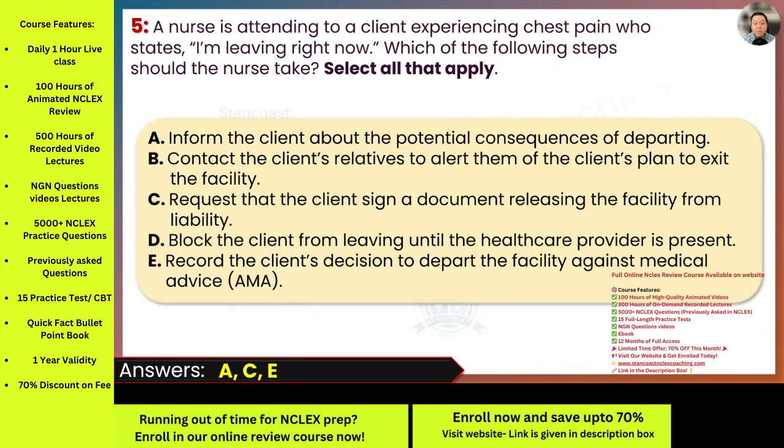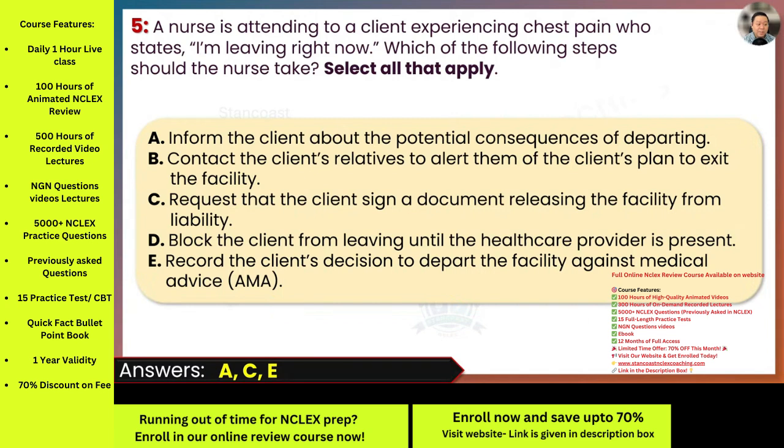And also, notifying the healthcare provider so they can attempt to intervene, so that's going to be your alternative. And also, the privacy laws come first. You cannot tell the family unless the patient allows it.